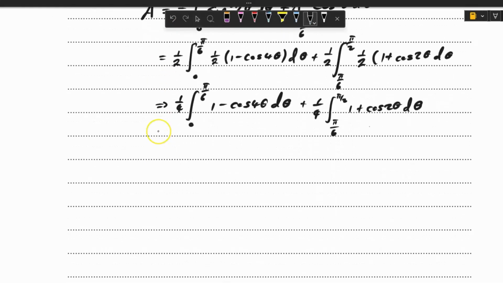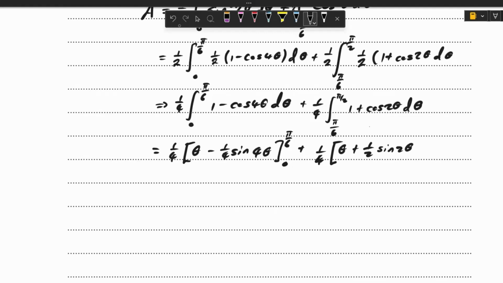All right, so now this is a quarter of, and integrating 1 minus cos 4 theta, we get theta minus a quarter sine of 4 theta, with the limits 0 to pi over 6, and plus a quarter of, integrating 1 plus cos 2 theta, we get theta plus half sine 2 theta.